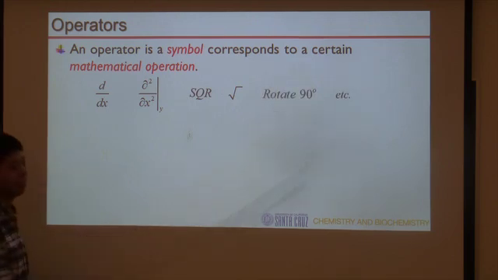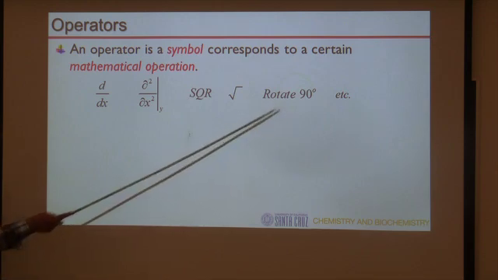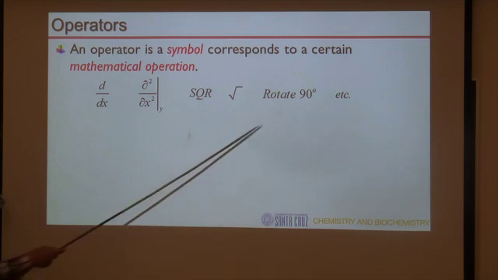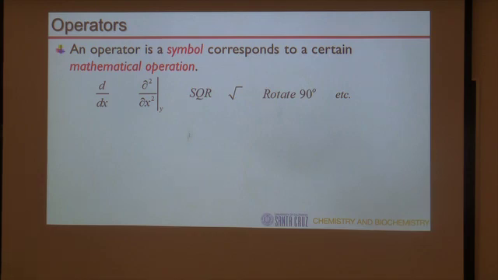Or even rotating 90 degrees. It seems like a geometric operation, but once we learn group theory, which we will not cover here, but in the inorganic chemistry class, rotating can be converted to a matrix in math. So in nature, it's still a mathematical operation. So all the steps here are defined as operators.